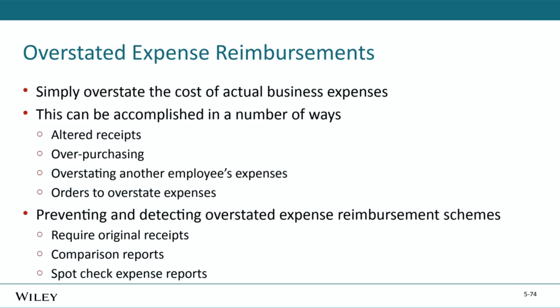Or I've seen this where they ask the waitress to give them a blank receipt that they can fill in later with bigger numbers. Okay, so you alter the receipt, you overpurchase, overstate another employee's expenses, or place orders in order to overstate expenses. How do you stop that?